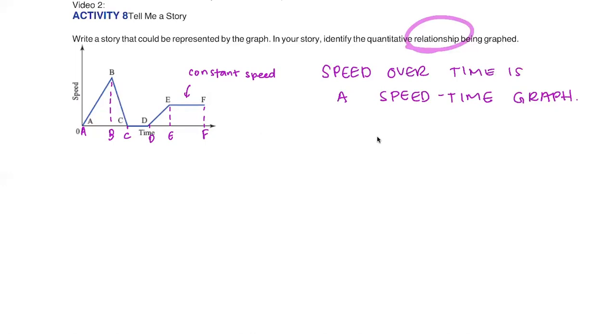Another spot for constant speed is from C to D, but moreover than it just being a constant speed, C to D is on the time horizontal axis. So this is actually zero speed. You're staying still. You're not moving at all.